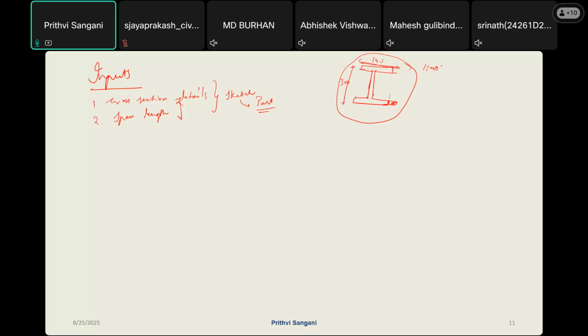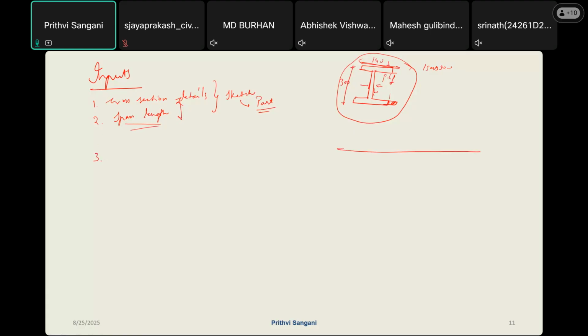So this is 300 and this is 140, and you have the thickness of the flange and the thickness of the web. Then you also have your span length. Then you'll sketch it up.